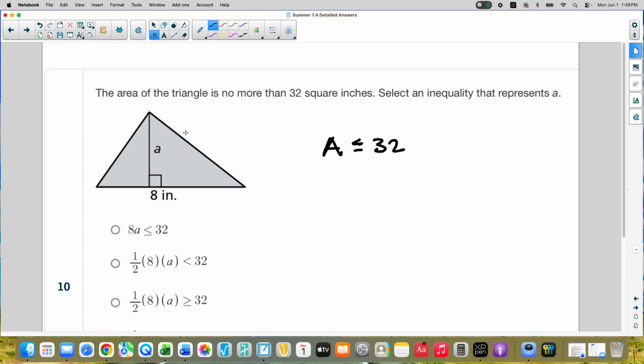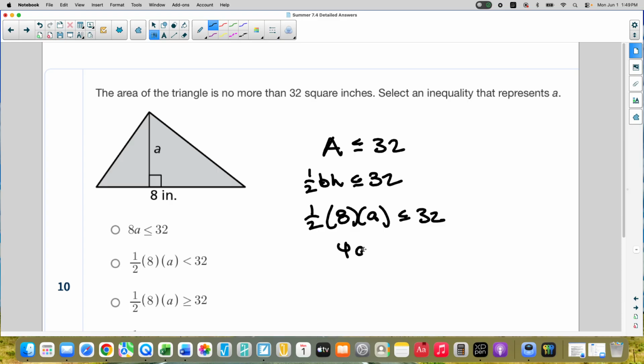Now the formula for a triangle is the area is 1/2 base times height. And we have my base is 8 inches. And I don't know what my height is. My height is A, so 1/2 times 8 times A is less than or equal to 32. We can simplify this.